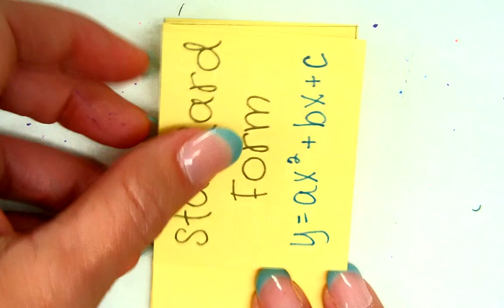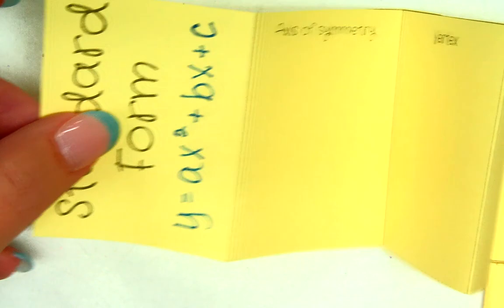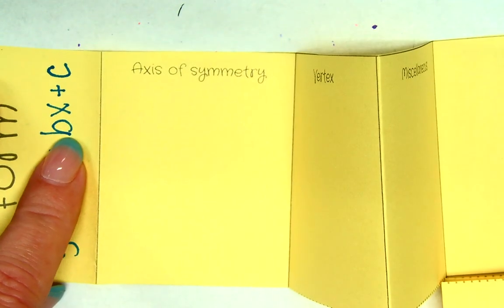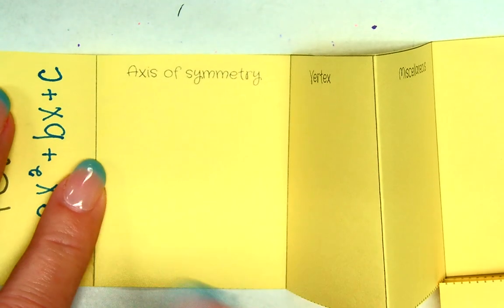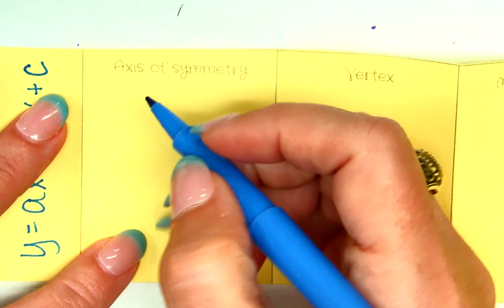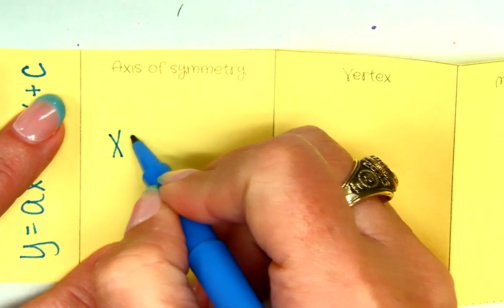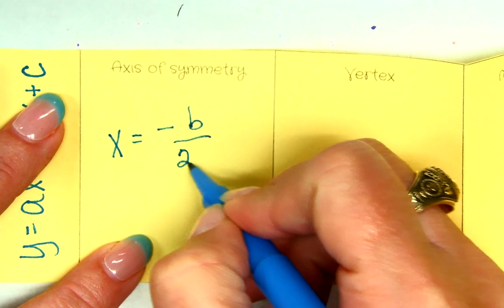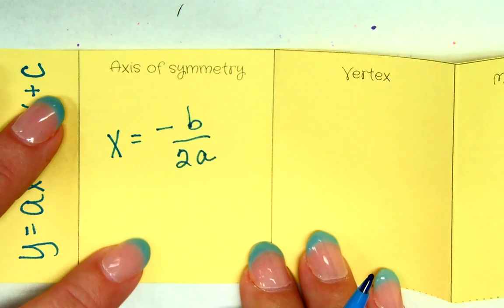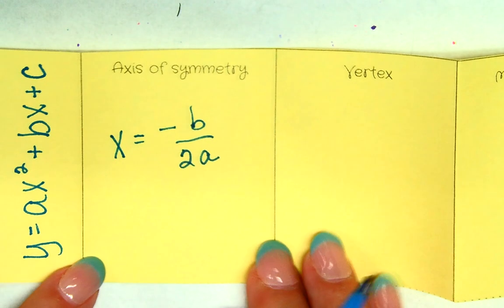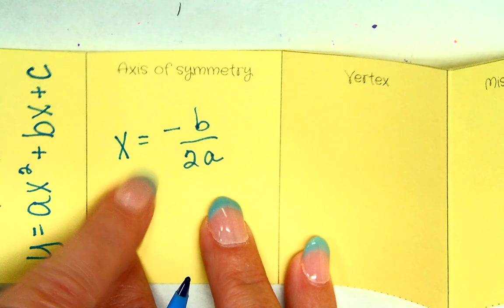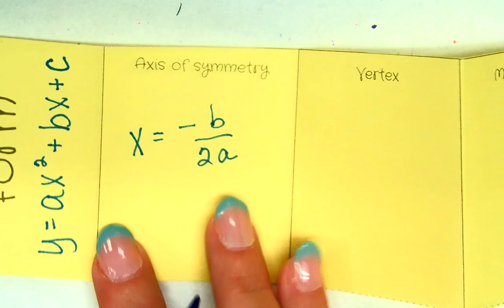Now we're going to open it like this. And all the stuff that we write in this little section is going to be about standard form. The axis of symmetry for standard form is x equals negative b over 2a. Pretty straightforward, right? Look at the equation, find b, find a, plug it into this little formula. X equals negative b over 2a.